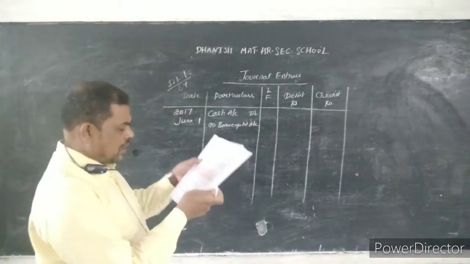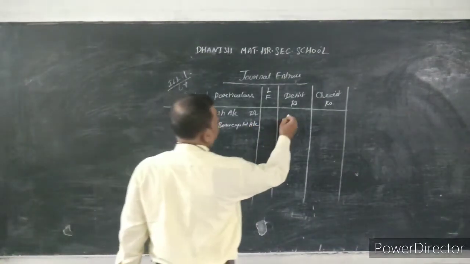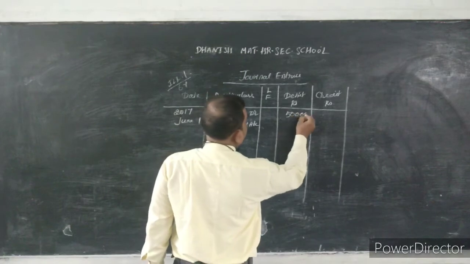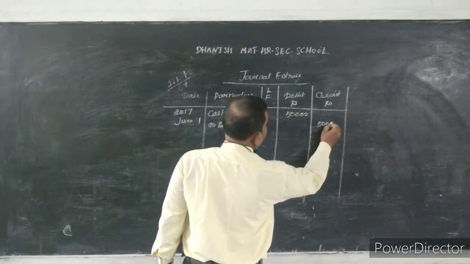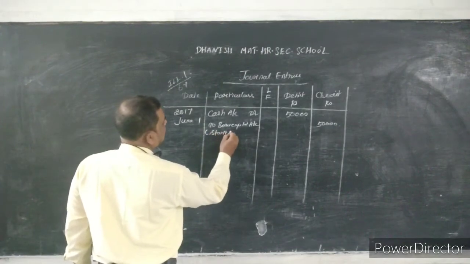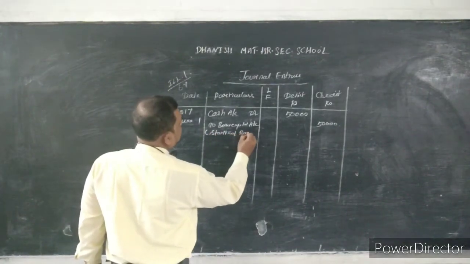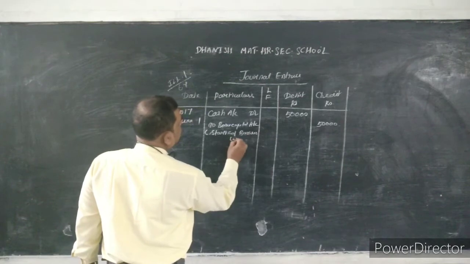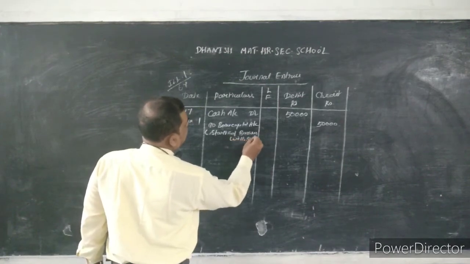Amount in rupees 50,000. Started business with cash. This is the first journal entry.